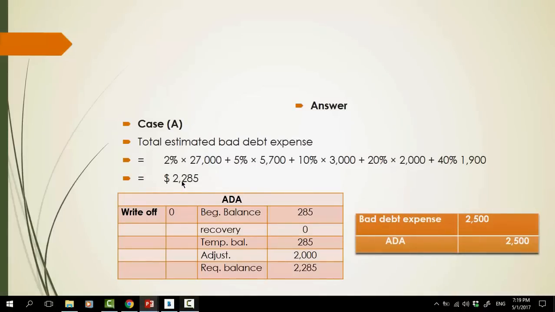Don't even record this amount unless you first check the balance of the ADA. Okay, the ADA balance is 285, and I want to reach a required balance of 2,885. Then we will make an adjustment with $2,600.